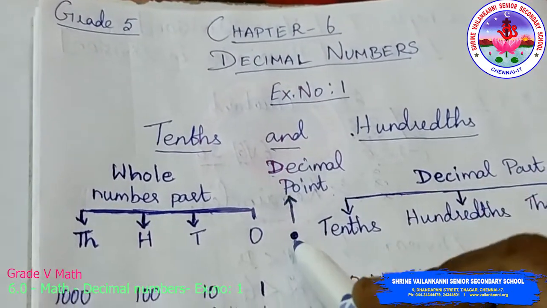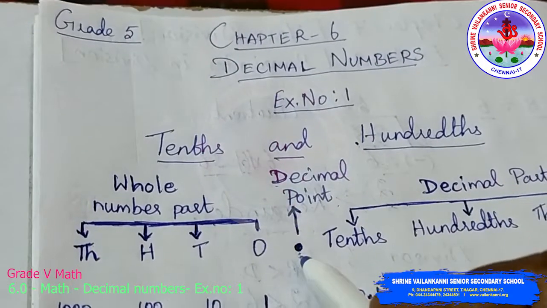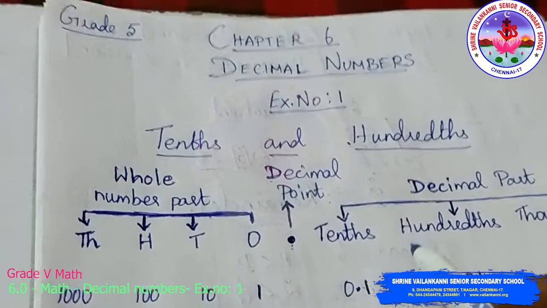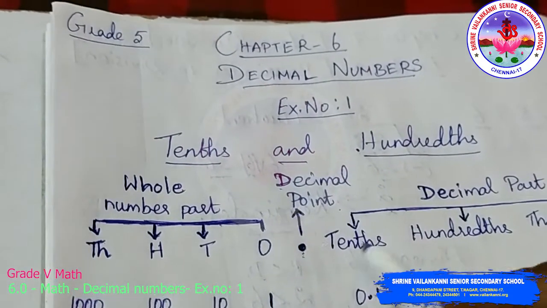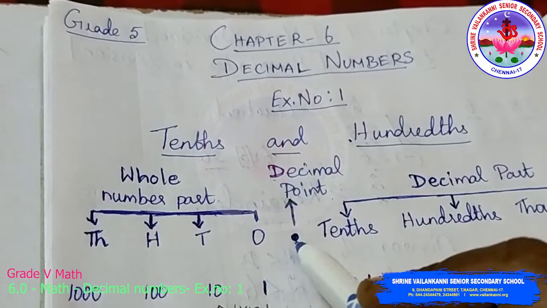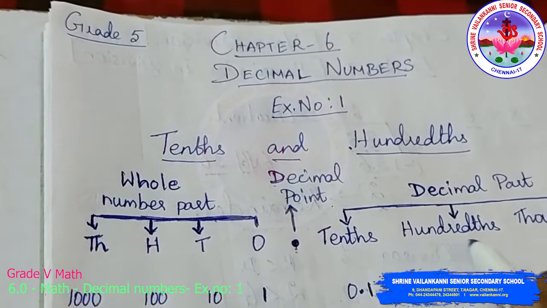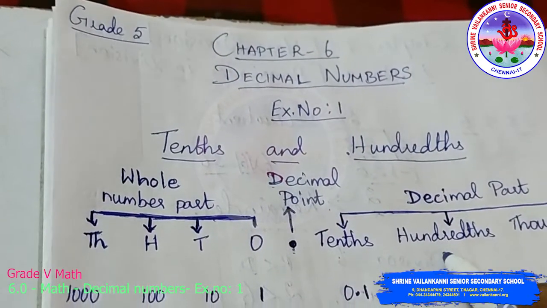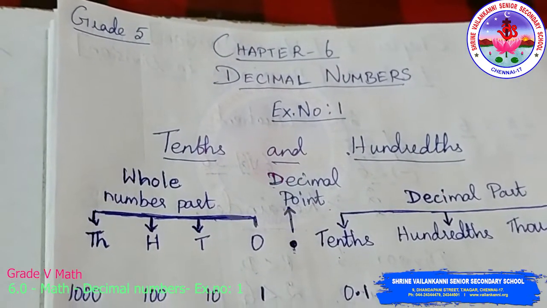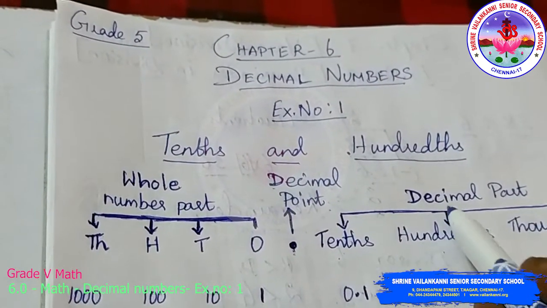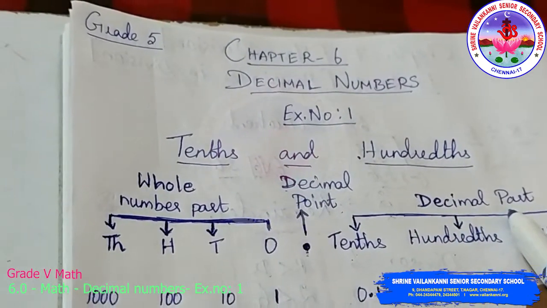After this dot, we'll have 3 place values right now. We are going to learn 3 place values after the ones place value, followed by this decimal: the tenth, hundredth, thousandth. These 3 place values you will call the decimal part.